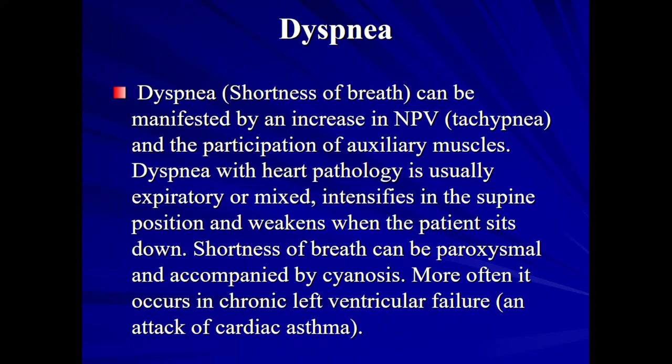It is intensive in the supine position and weakens when the patient sits down. Shortness of breath can be paroxysmal and accompanied by cyanosis. It more often occurs in chronic left ventricle failure, an attack of cardiac asthma.